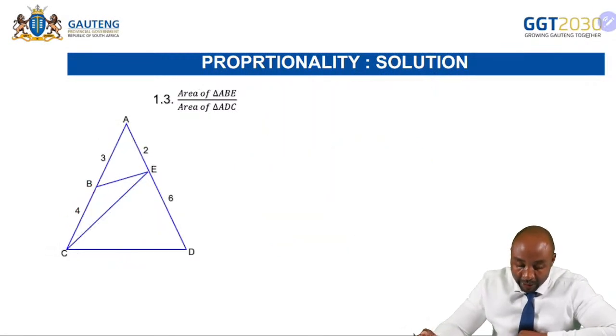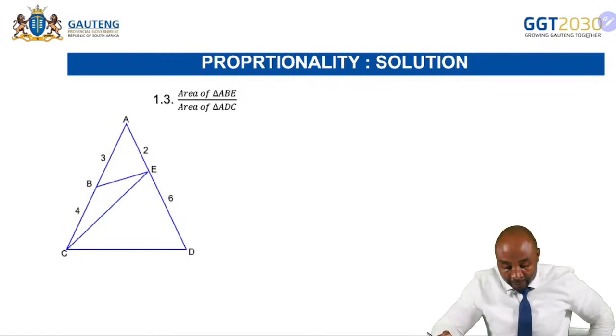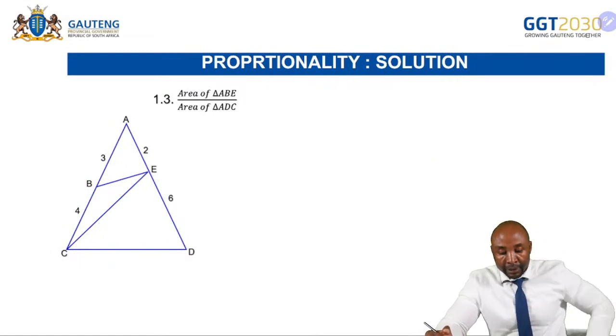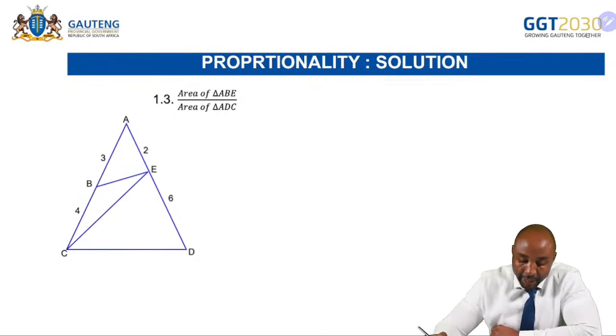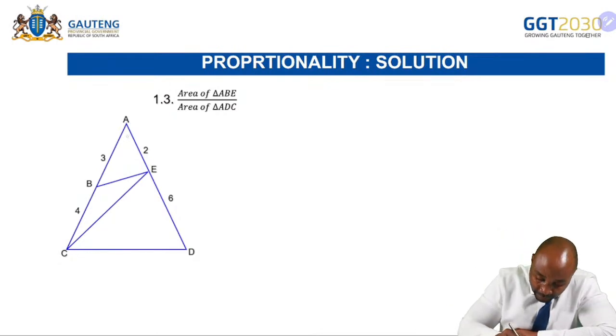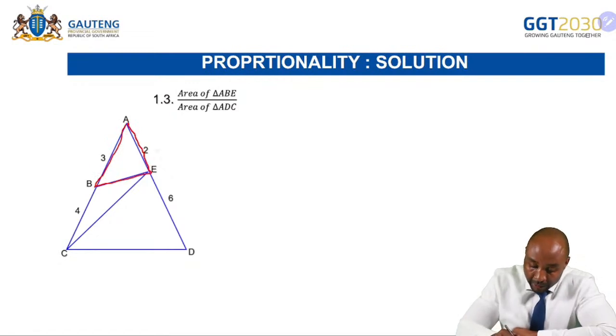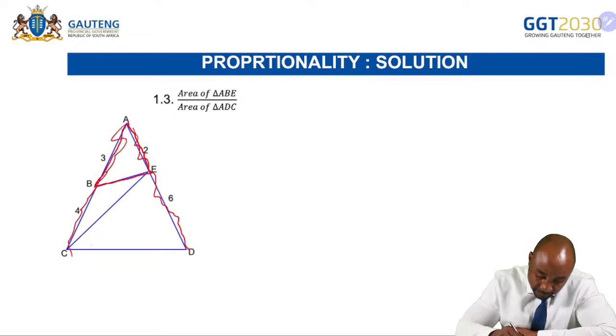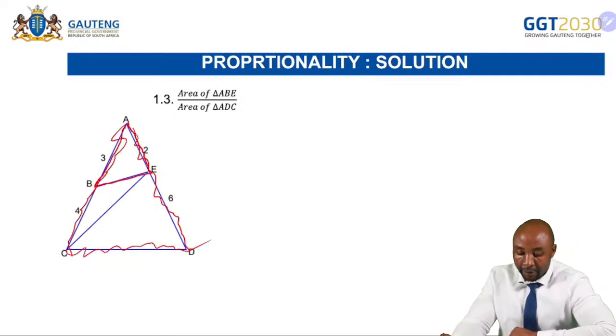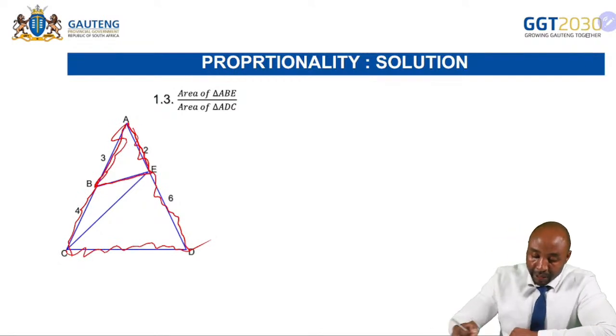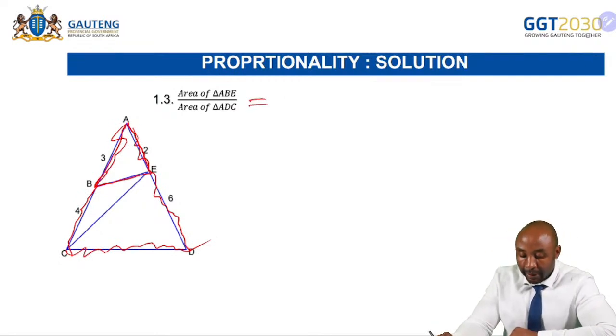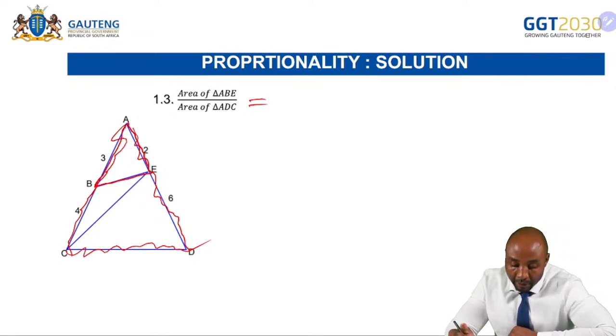We move on to 1.3. We are having triangle ABE. We highlight ABE over the area of triangle ADC. Now, for this one, the solution is clear. We are able now to follow the same format that we did for question 1.2.